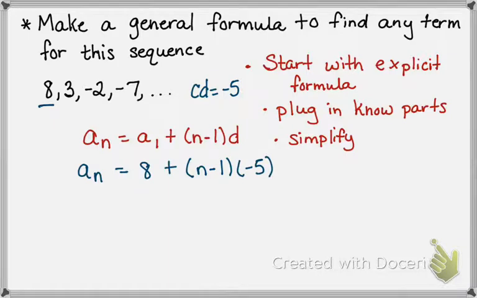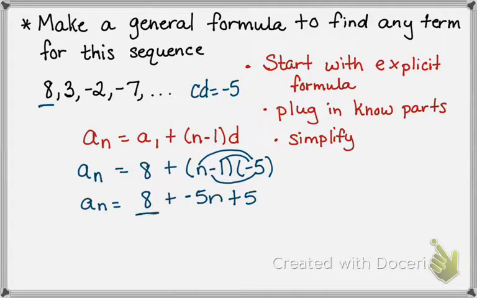So now we're going to simplify this down. This turns into 8. Now here is what happened: we're multiplying. So we really have plus a -5n, a negative and a negative give me a +5. And then I'm going to simplify down. Well, this is just a number and a number, so I can put those together. And then this is a number by itself. So a_n will give me -5n plus 13.